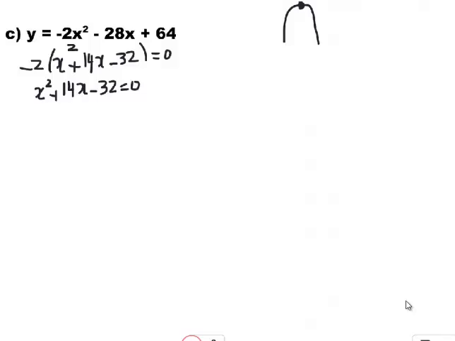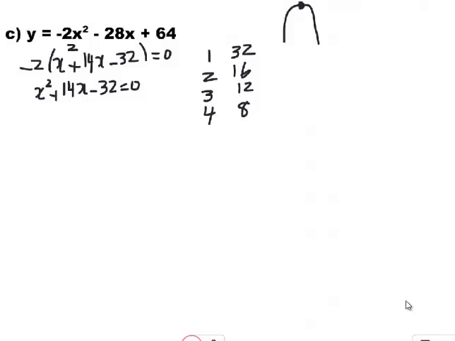Now, negative 2 can't be 0, so this means that x squared plus 14x minus 32 is equal to 0. The leading coefficient is 1, so we have to find two numbers whose product is 32 and add up to 14. Those two numbers are 1 and 32, 2 and 16, 3 and 12, and 4 and 8. Now, the product is negative, so one of these numbers has to be negative, and the sum is 14.